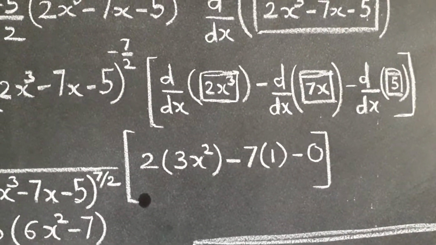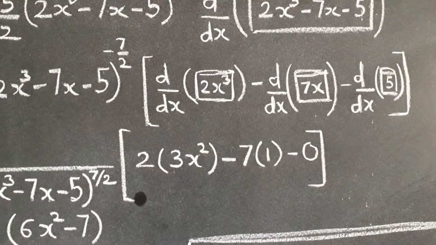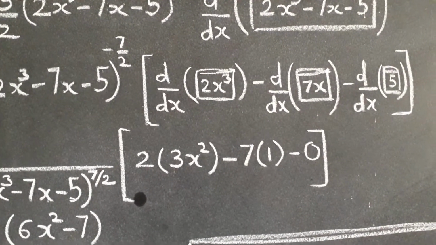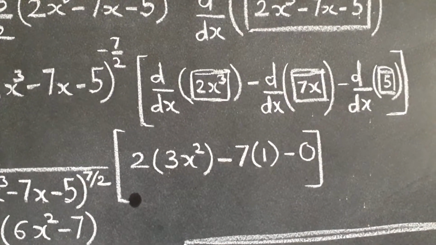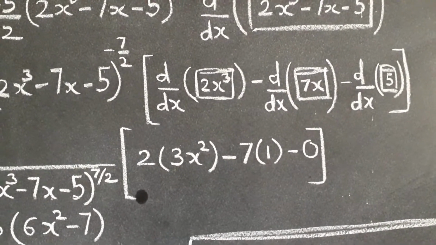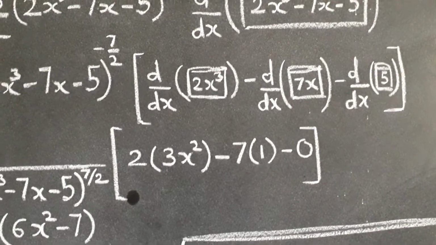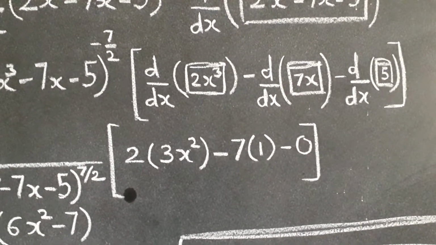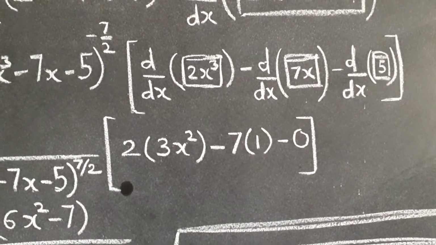The answer is multiplication, 2x cube. I ask the next question, is there any coefficient? I get the answer, there is a coefficient 2, and so we take that 2 outside, multiplied by the derivative of x cube.